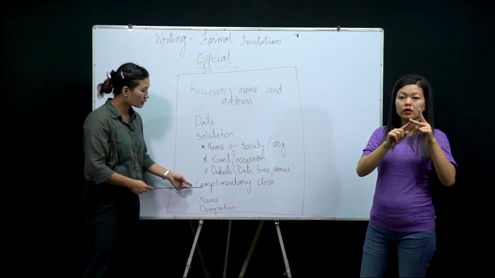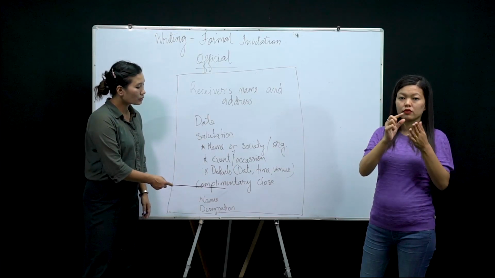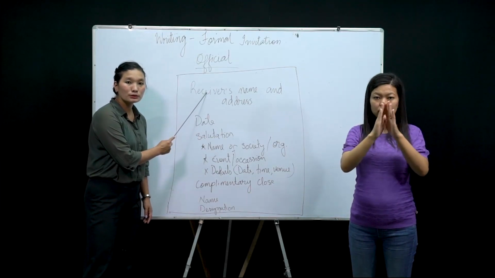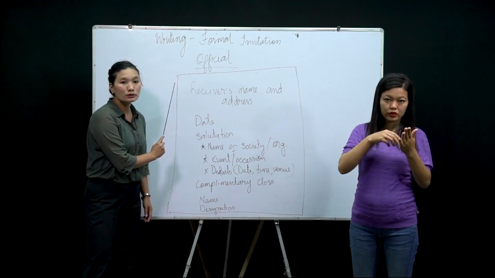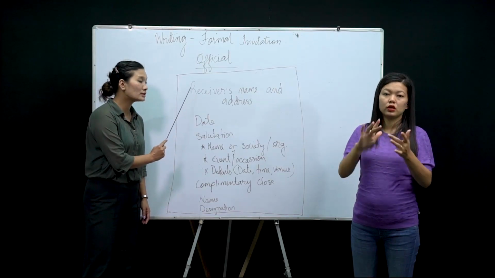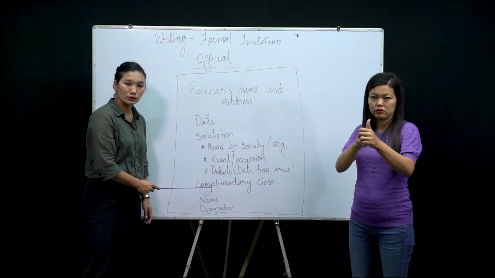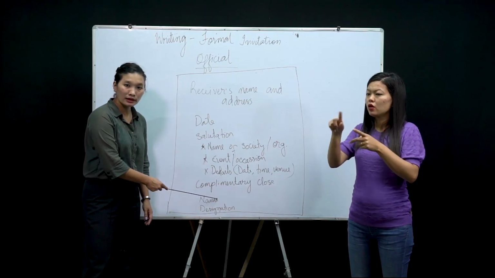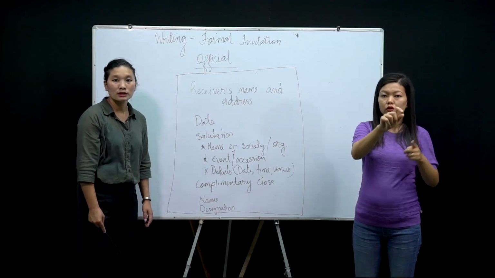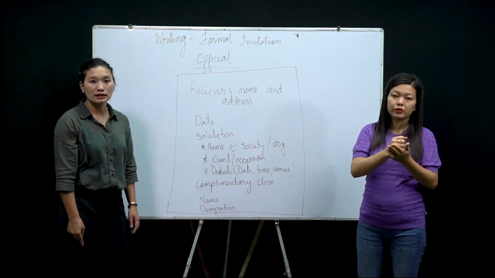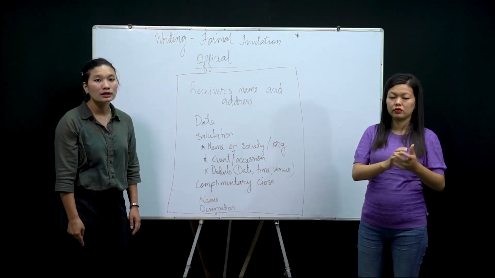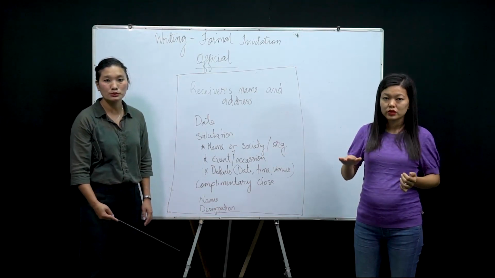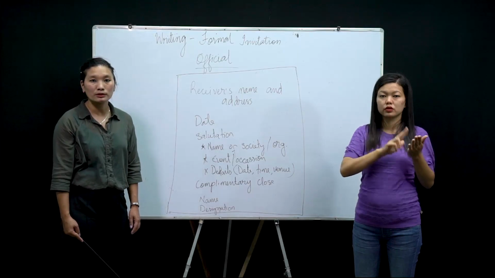If you want to write the complementary clause as yours sincerely, remember you have to use the name of the person whom you are inviting here. If you do not use any name and you are just using sir or madam, you can use yours faithfully. And the next thing is your name, and also the designation. If you are working as the secretary of the Students' Council, you can write that as your designation: Secretary, Students' Council, and name your school. That is how you go about it, okay?